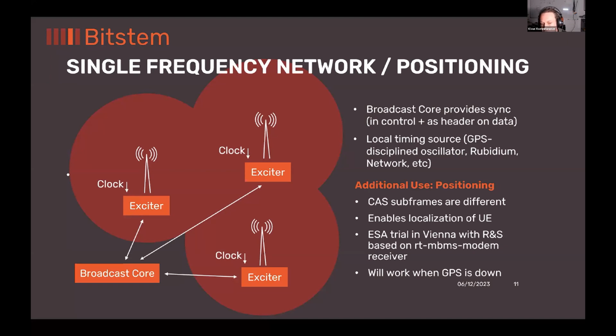And you can do something that will allow pretty precise localization even when GPS is down. There was a trial by the European Space Agency the previous year. That was also based on the RT-MBMS modem reference tools implementation, and it showed pretty promising results. So maybe we can continue with that together with Rohde and Schwarz next year.